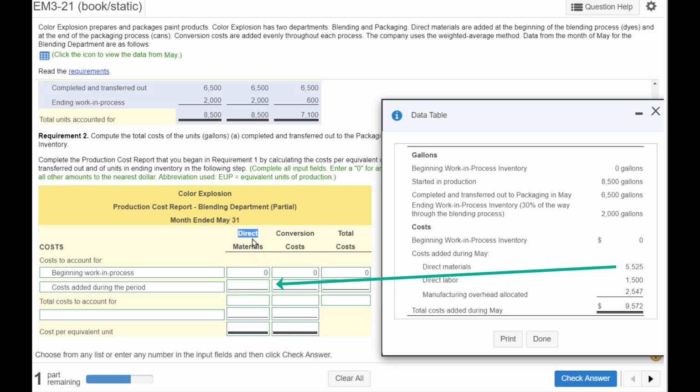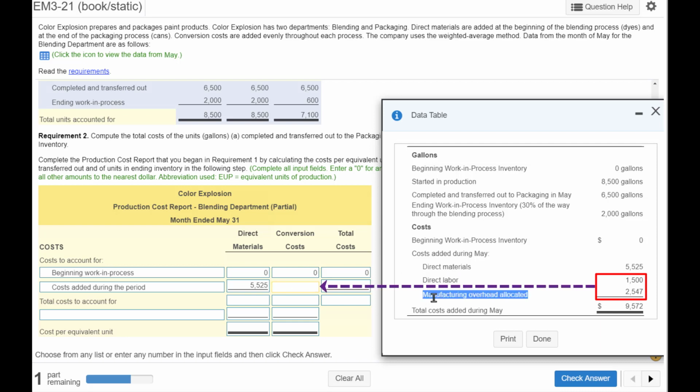So now we have to figure out the costs added during the period for direct materials. How much were the costs added during the period? Direct materials is right here, so 55.25. Now we need conversion costs. So remember, conversion costs is direct labor plus manufacturing overheads.